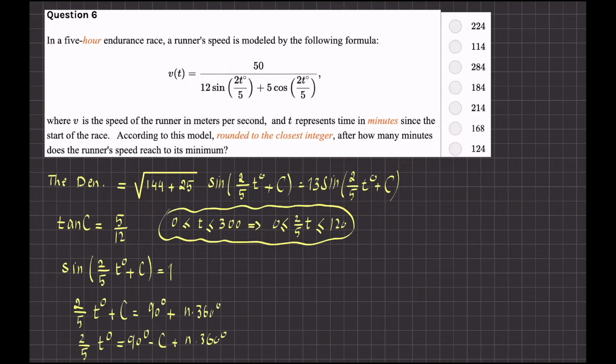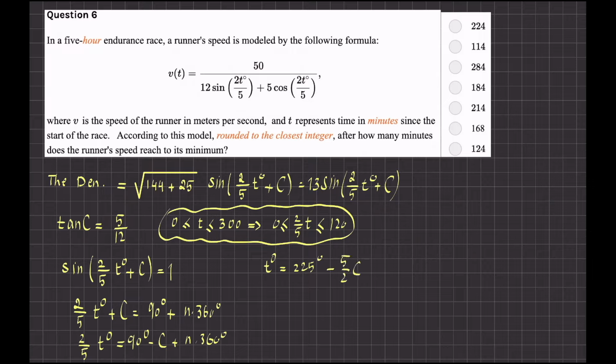I am looking for t, so I multiply everything by 5 over 2. If I multiply 90 by 5 over 2, this one and this one simplify, 45 degrees times 5, so it becomes 225 degrees. Yes, you can use a calculator, of course. And the other one will be multiplied by 5 over 2c.